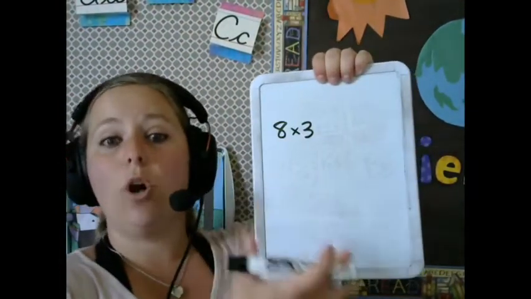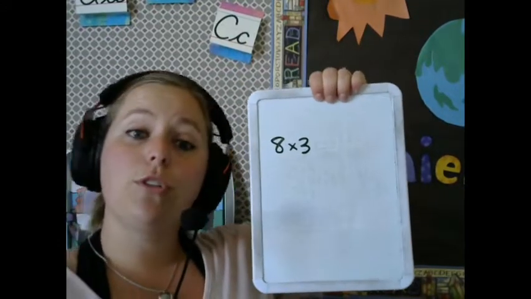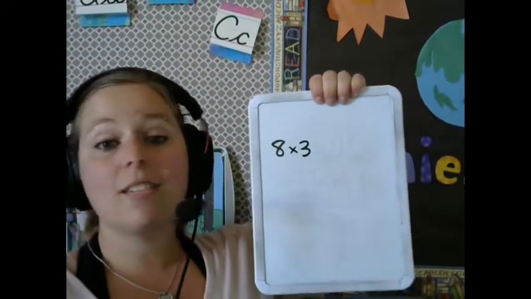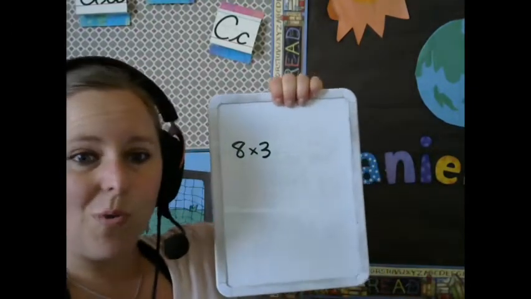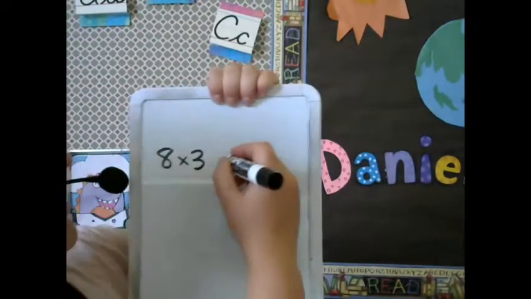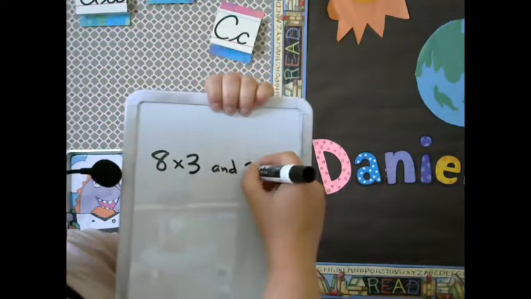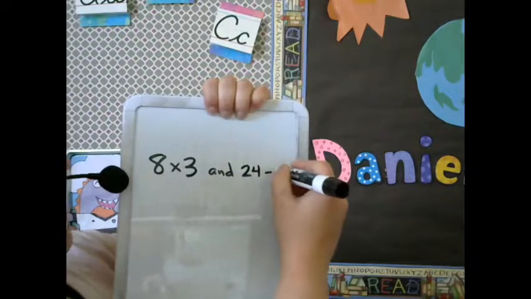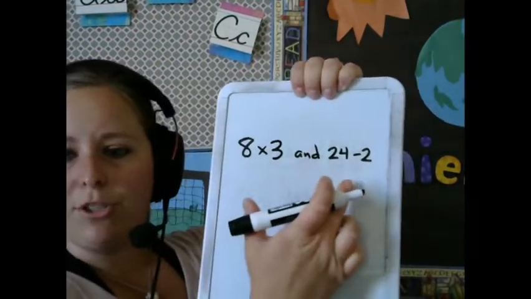That's how many we had total in all the containers. But then Ivan lost 2. So if we're losing things, are we adding it, subtracting it, multiplying it, or dividing it? Well, we would be subtracting. So we've got 8 times 3 and 24 minus 2. Okay, here are our two expressions.